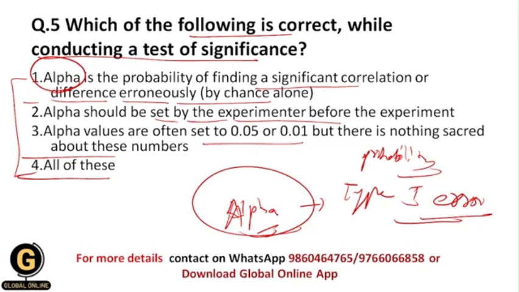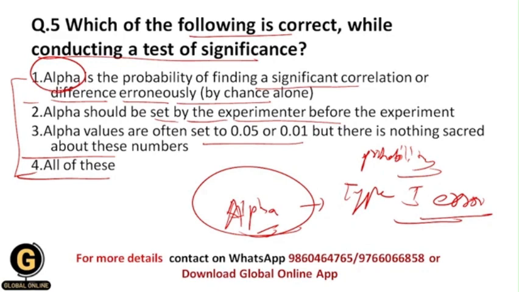All of you getting? And as well, there are some common values for alpha, and the experimenter or researcher should set these values before the experiment, because they will understand exactly what will be the results of their research. Alpha values are often set to 0.05 or 0.01, but there is nothing sacred about these numbers.